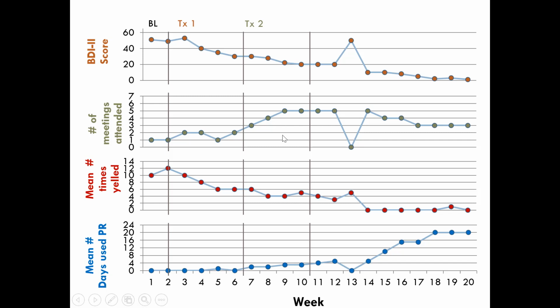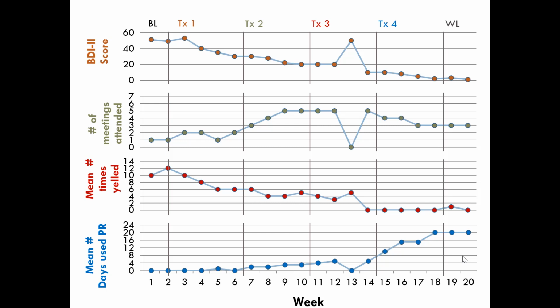And then we would focus after this series of weeks on their parenting, down here, in particular yelling. And then treatment 4 would focus on how to better use positive reinforcement. And then of course we have the termination period.